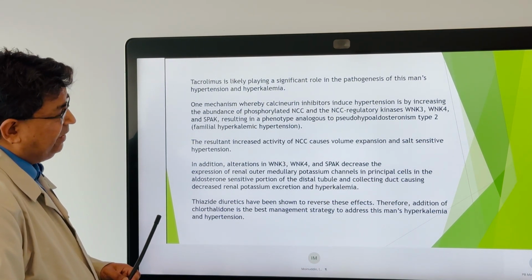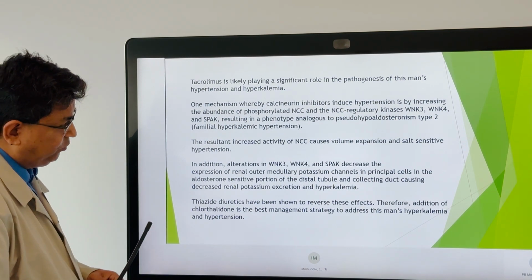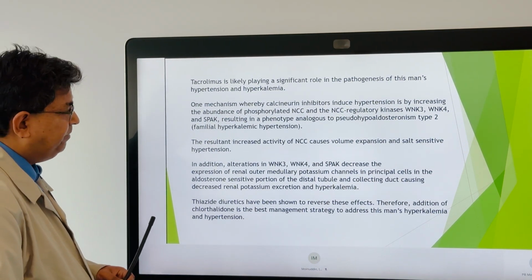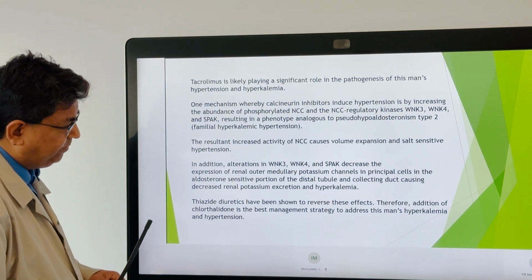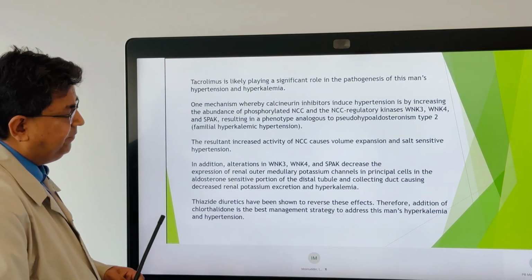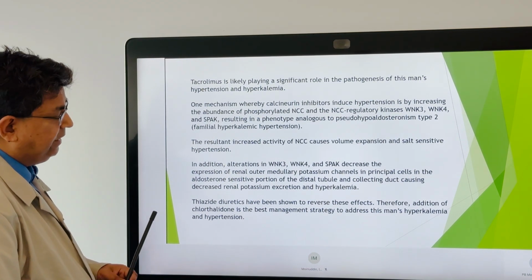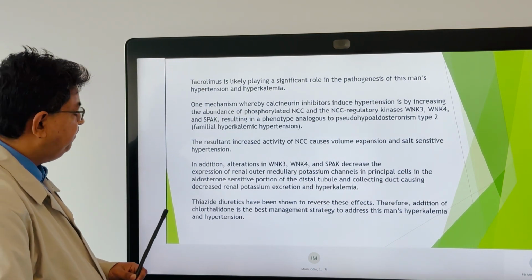This is a secondary cause of pseudohypoaldosteronism, but the treatment is the same. And we'll talk about pseudohypoaldosteronism in detail in an individual session after the initial 8 sessions of board review.